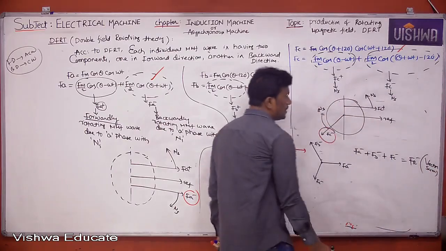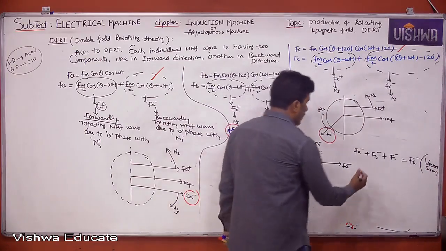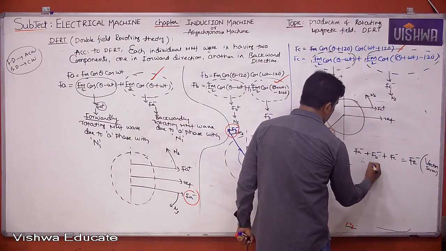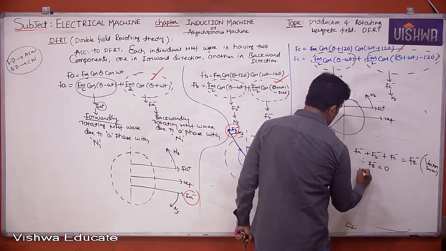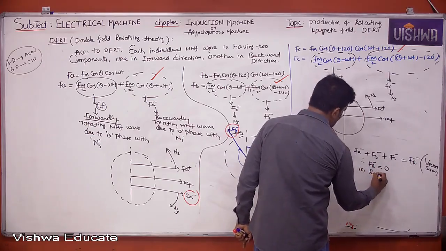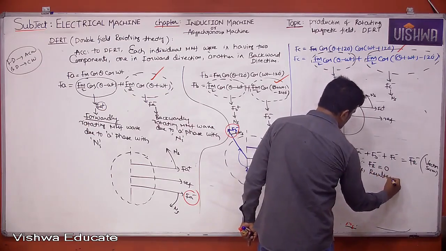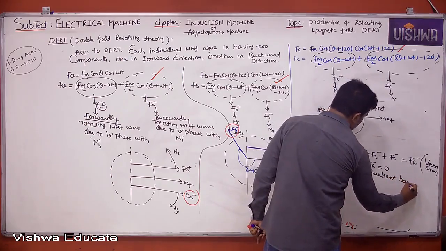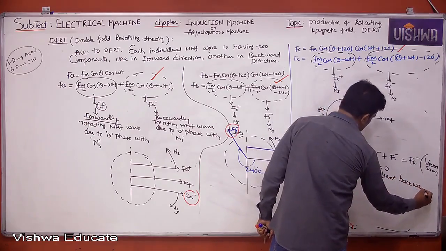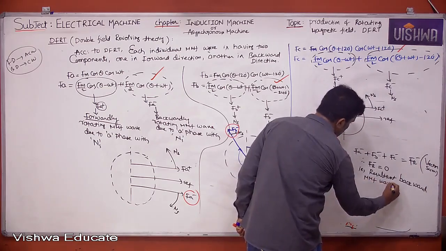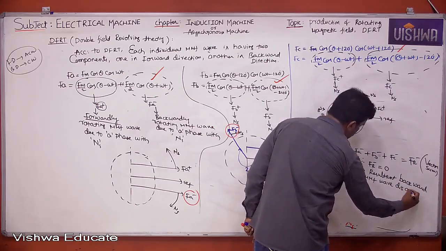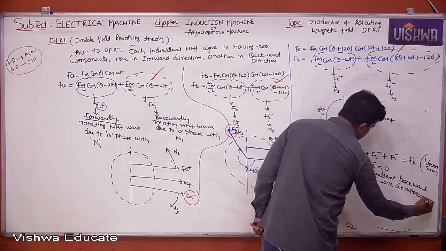Therefore, FR minus is equal to 0. That is the resultant backward MMF wave disappears.